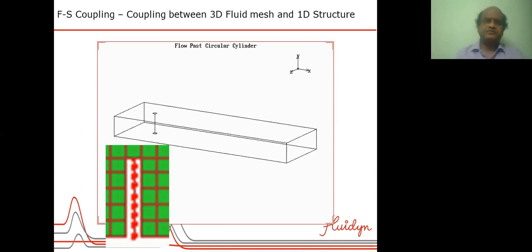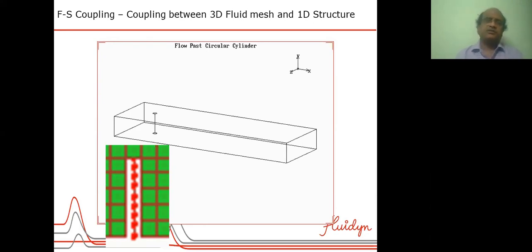Many times in structural analysis, this cylinder can be modeled using a 1D element. But the flow field should feel that cylinder. It should know that diameter, and it should see the effect of the cylinder.